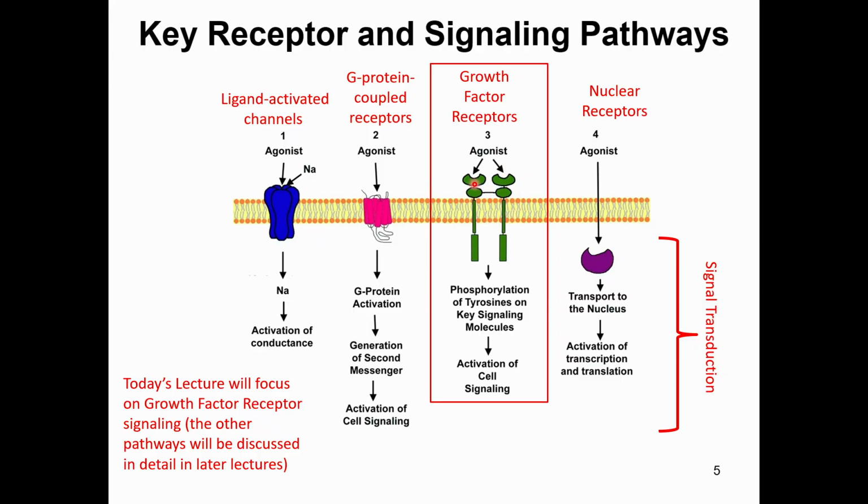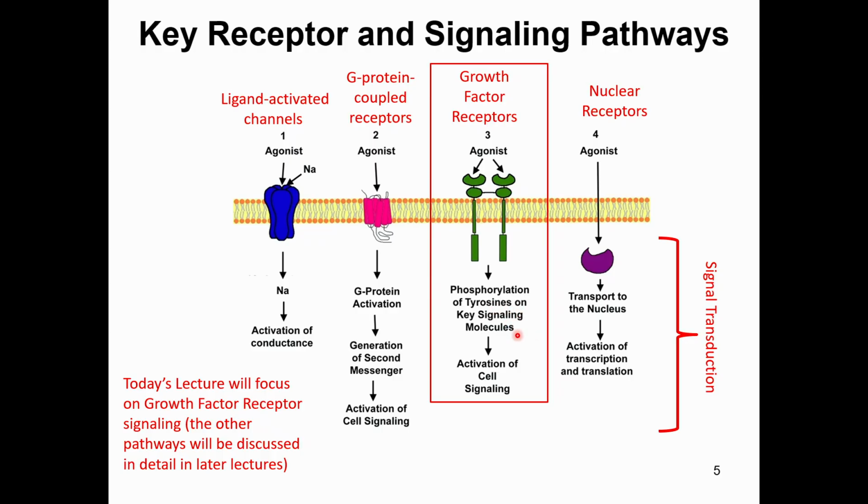What you'll see about these receptors is they have single transmembrane domains. They bind growth factors, not surprising given the name. They tend to dimerize when they bind their ligands, and they don't work unless they dimerize. Then they become phosphorylated. In fact, they phosphorylate themselves on the cytoplasmic face, and they also can activate phosphorylation kinase cascades downstream.